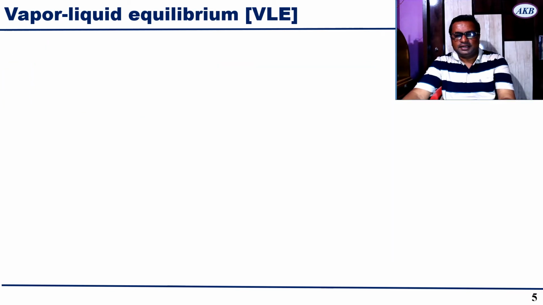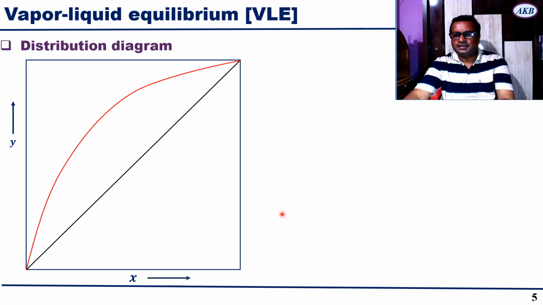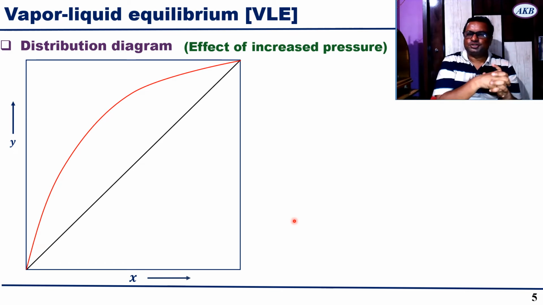Okay. Then let us understand. So you have this distribution diagram. We have just understood the distribution curve. Now let us see what is the effect of increased pressure on this distribution diagram. In my previous video, I discussed the effect of increased pressure on the boiling point diagram. Now let us understand what is the effect of increased pressure on the distribution curve.